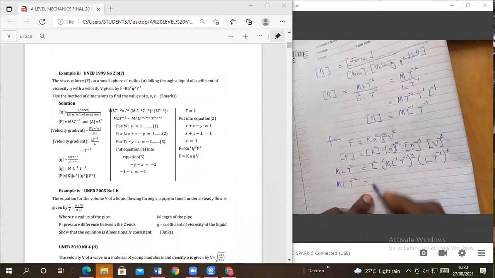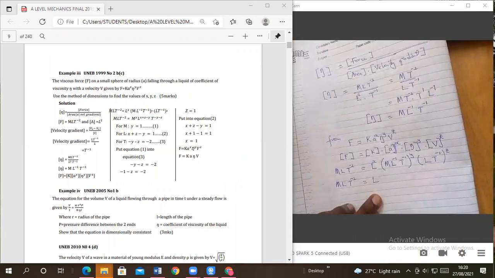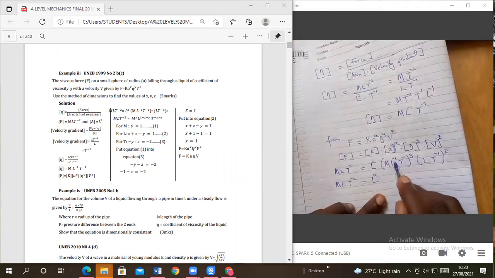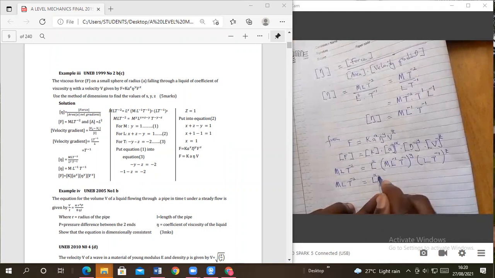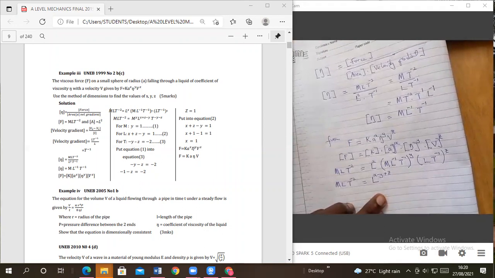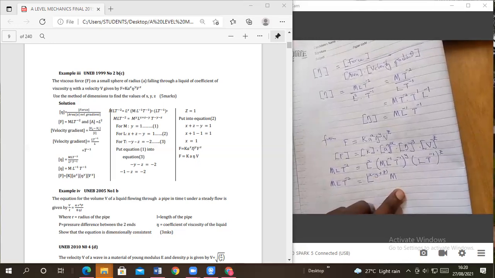equals to, so let's put L together. I have L, let's start with L. Here we have L to the power X, right? So which means we shall have X. There's also L here, so minus Y, right? Then there's also another one here, so it becomes plus Z. We move to the next one, M. I have M here, M is to the power Y. Is there an M anywhere here?